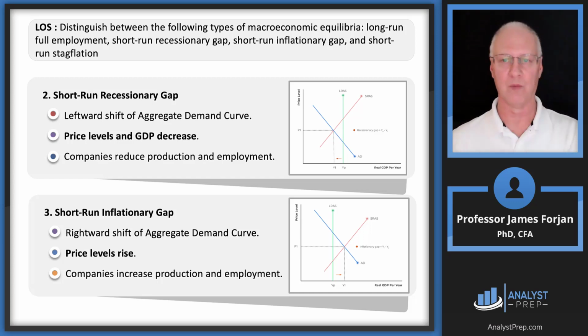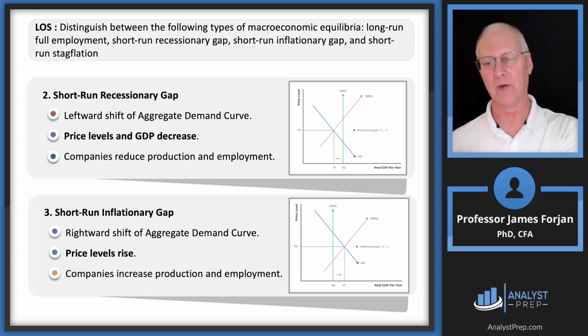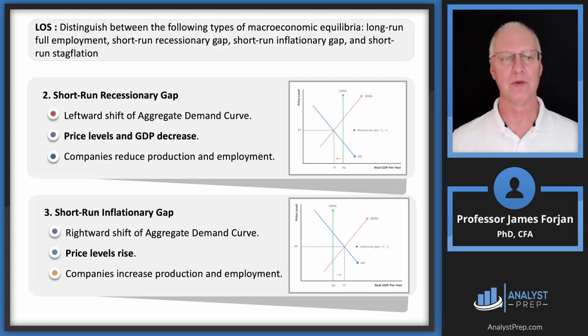There's the short-term recessionary gap. On the other hand, short-run inflationary gap is just the opposite. We have a rightward, or an increase, shift in the aggregate demand curve, and then price levels rise, and then companies increase production and employment.